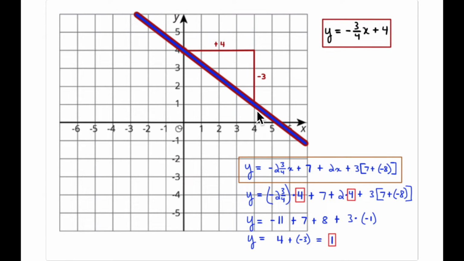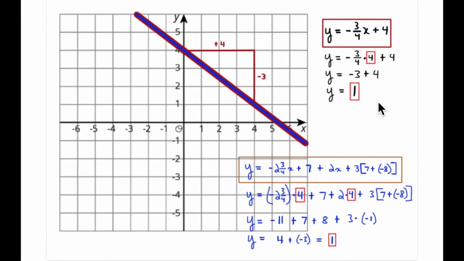So I do get this point right here. X is 4, y is 1. So if I use 4 for x up here, I should also get y equal to 1. And I do. -3/4 of 4 is -3, plus 4 is 1. So whatever value I choose for x, if I use either equation, I'm going to get the same value for y.